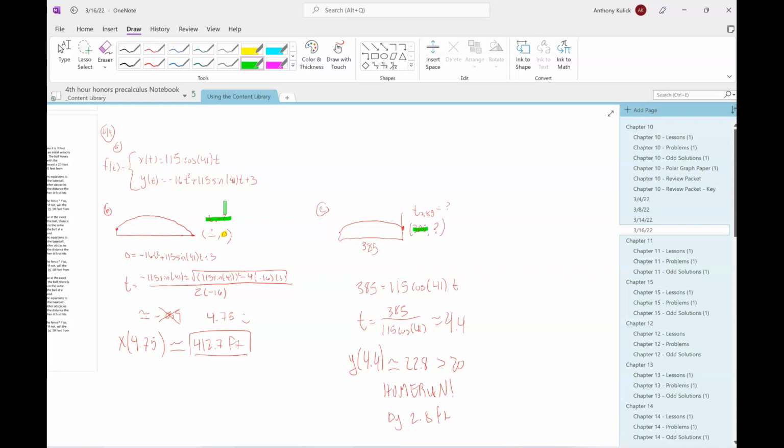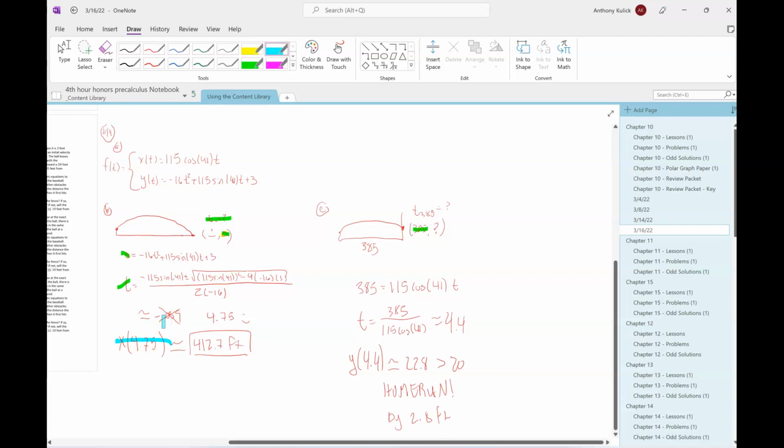I used the y equation because I knew what y was to solve for t. Once I had that t, I plugged it into the x to get my answer. Okay, so you did.